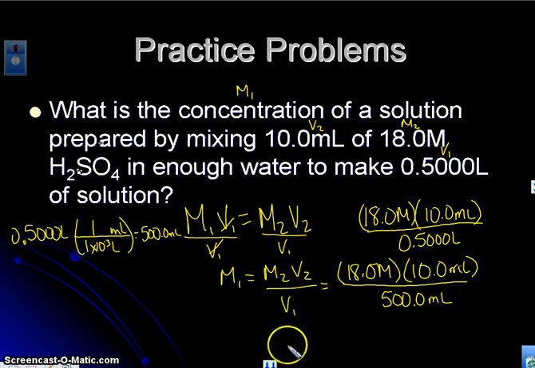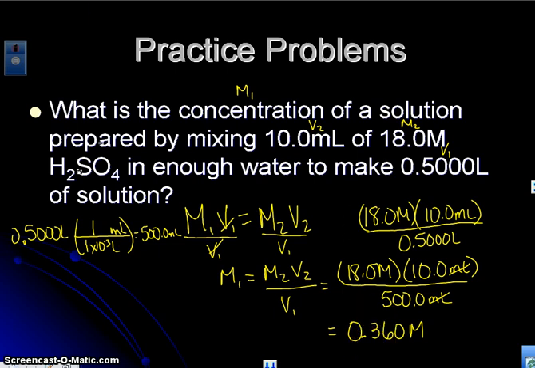When we work that out on our calculator, we should end up with 0.360 molar. Make sure you can see that the milliliters will cancel, and that gives you molar, or moles per liter, for your unit. And for the correct number of sig figs, the smallest number of sig figs in our problem is 3.